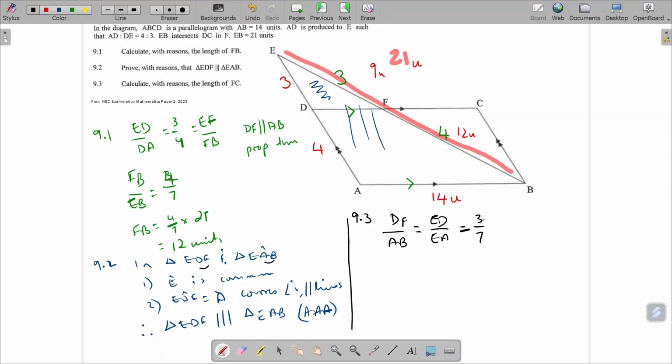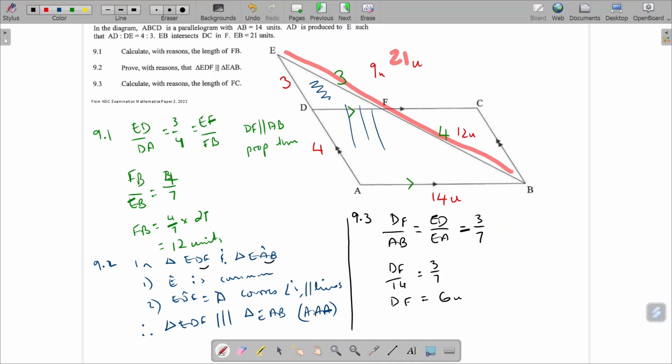Again, the one part is 3, but the entire length was 7. So we now know that these two things are in proportion 3:7. We also know that AB is 14. So DF over 14 equals 3/7. We can cross multiply and cancel, and we'll get that DF is 6 units.